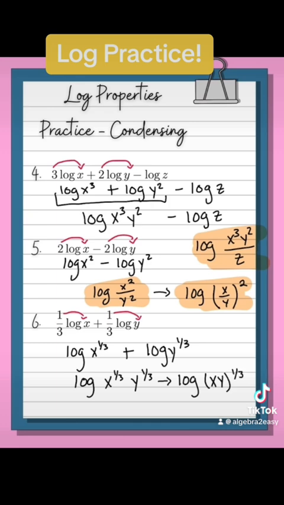Just makes everything a little bit more clean, a little bit more easy to work with. And now I'll get rid of the fractional exponent by writing this as log the cube root of x times y. And I can only do that because everything is being raised to the 1/3 power. And the 1/3 power is the same as a cube root.